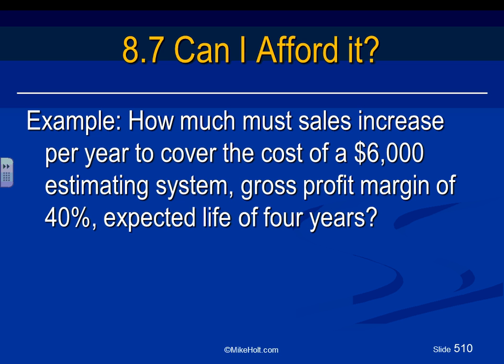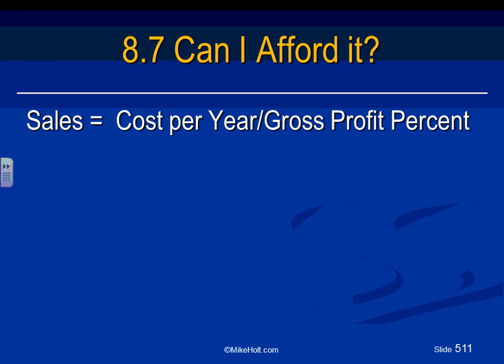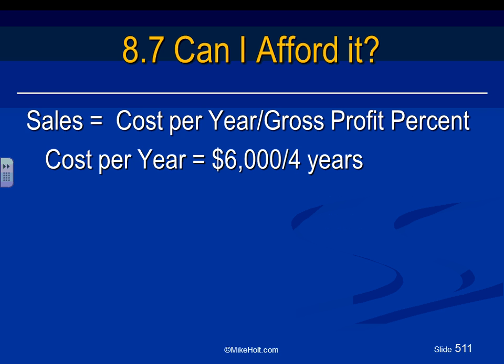So I have a software, $6,000. The expected life of this software is, say, 4 years. The profit is 40%. And I need to figure out how much I should increase my sales to cover the price of this software. That's a good idea to show to your supervisor, guys. Look what they do. You take the $6,000 divided by 4, because you need to know how much it costs you per year, right? Because you're going to use the software for 4 years. That gives you the price per year, $1,500.